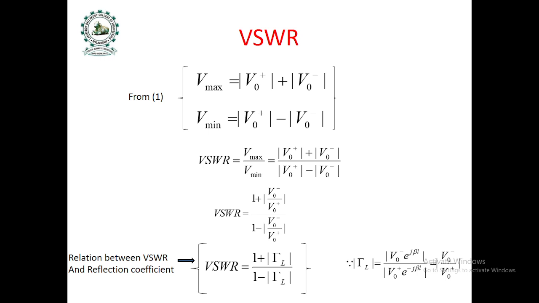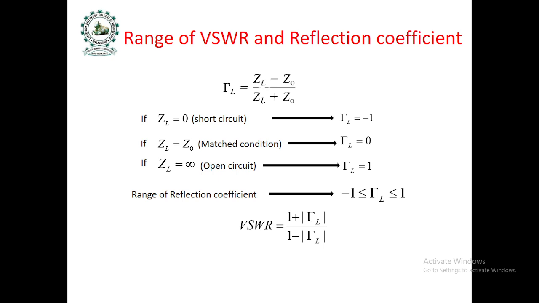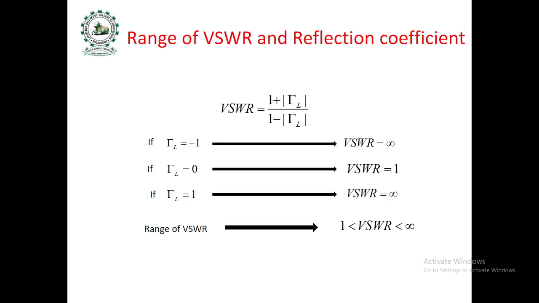VSWR in terms of reflection coefficient is equal to 1 plus mod gamma L by 1 minus mod gamma L. Range of VSWR and reflection coefficient: reflection coefficient ranges from minus 1 to 1, VSWR ranges from 1 to infinity.